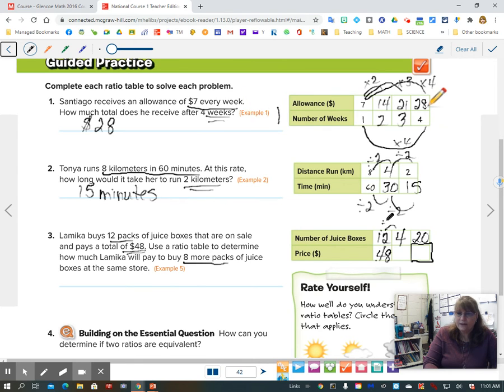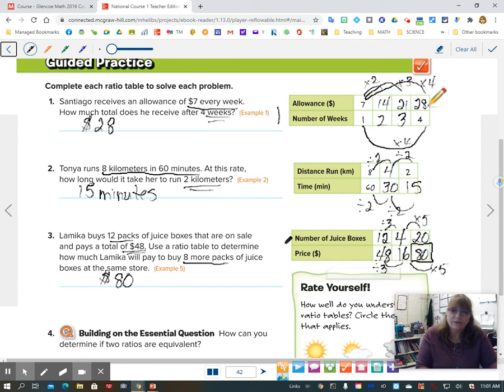Because 12 divided by 3 is 4, and then 4 times 5 is 20. So 48 divided by 3 is 16. 16 times 5 is 80. So she's going to pay $80 for 20 packs.